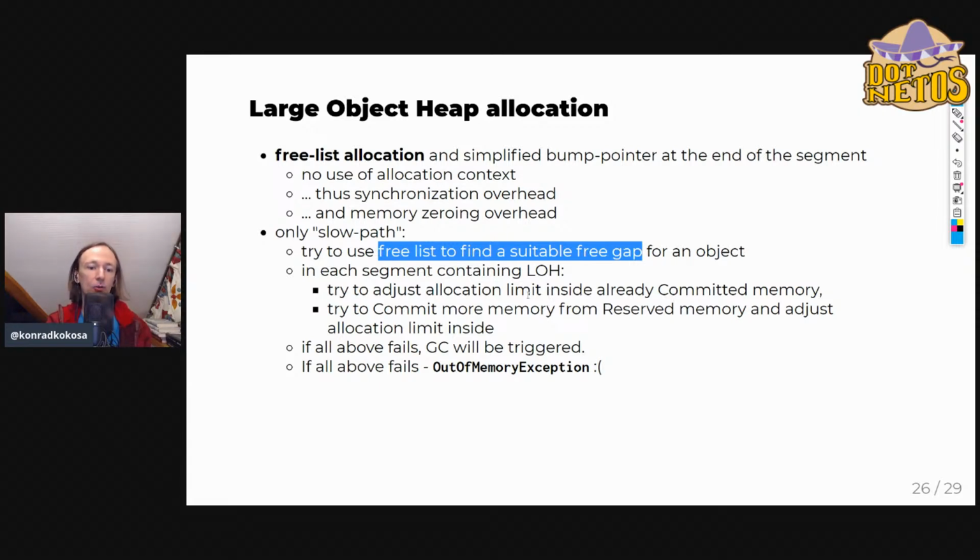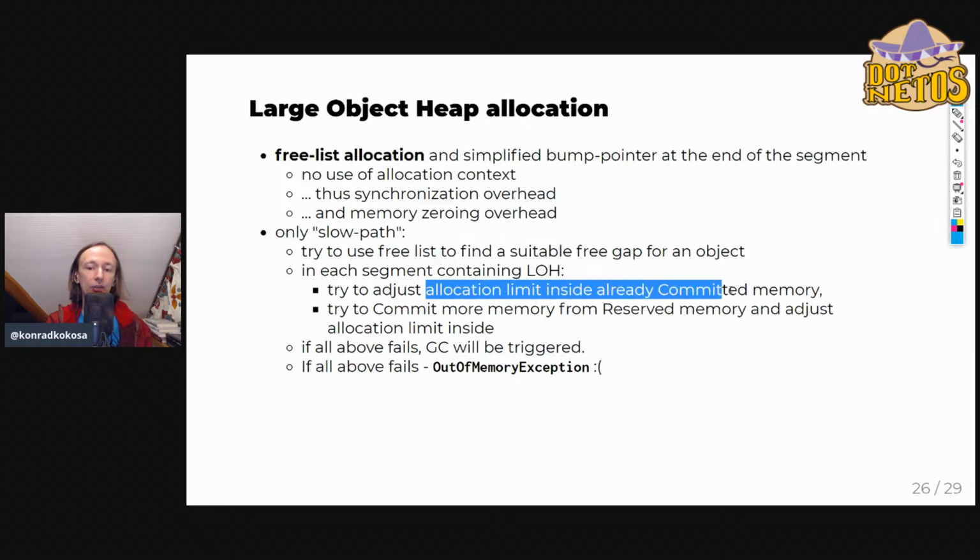Again, it will try to use the allocation limit inside the already committed memory, or try to commit more memory. It may even create a new segment during the allocation because of that. So again, possibility of an overhead when you are allocating things in large object heap. That's why you should be really aware of this when using it.